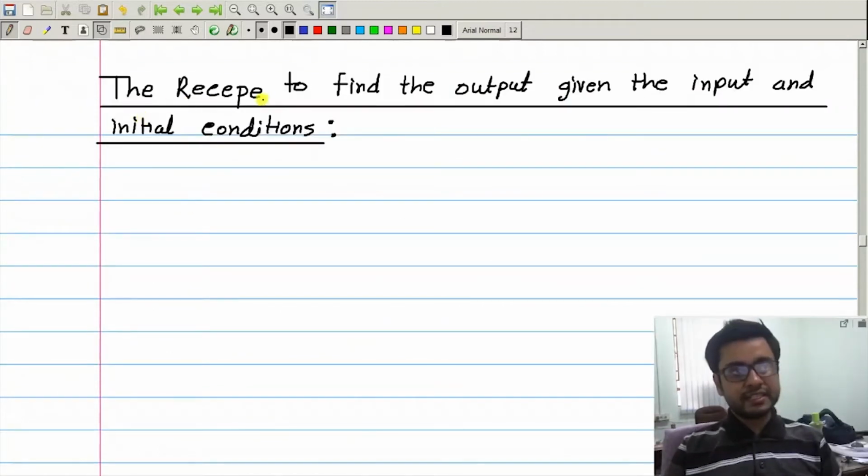So here is the recipe to find the output given the input and the initial conditions.